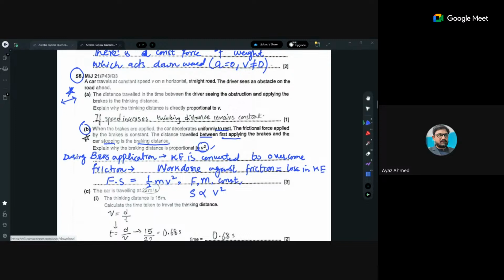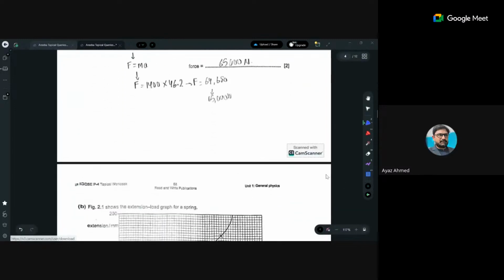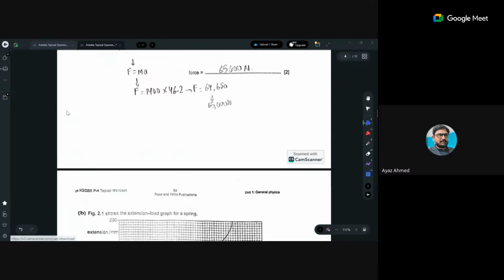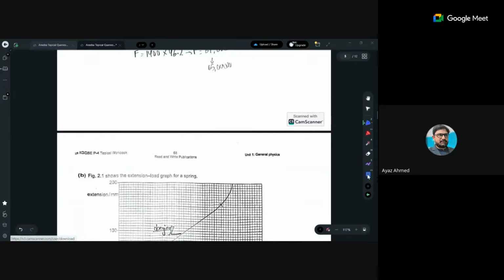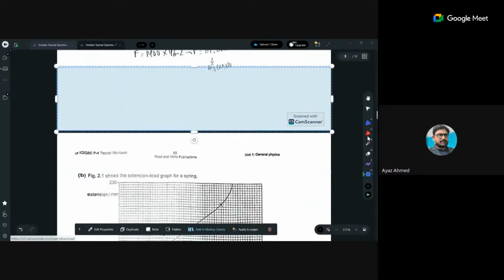Could you explain this one more time, please? Yes, here I'm saying that during this braking process, we convert the kinetic energy of the car into work done against friction. Okay, do you agree?